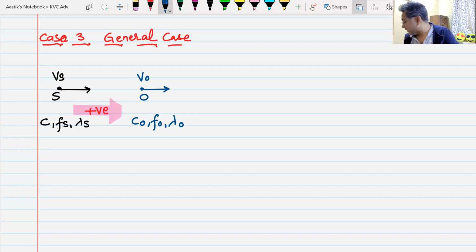Then what will be the formula? If I make a general formula, what will it look like?